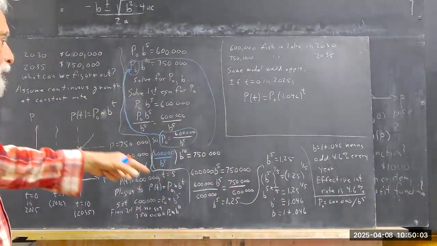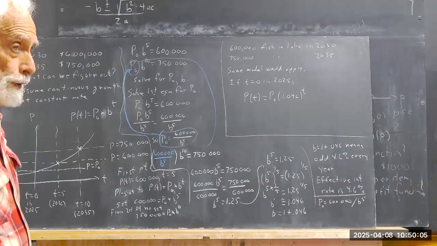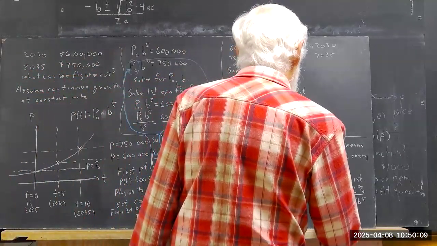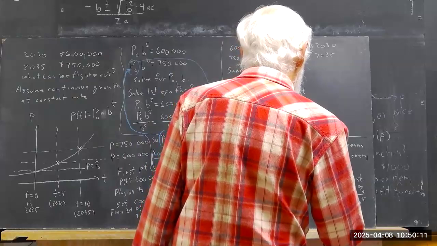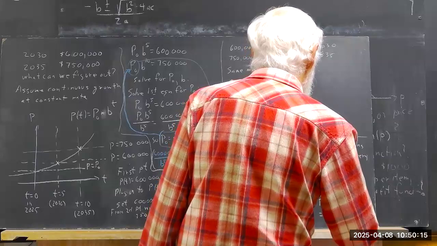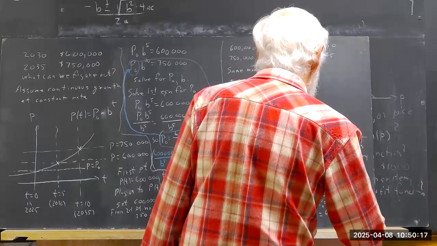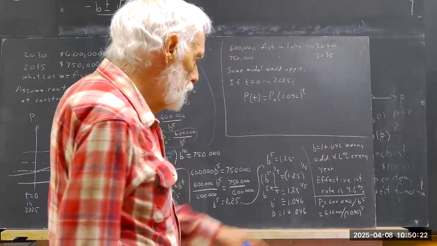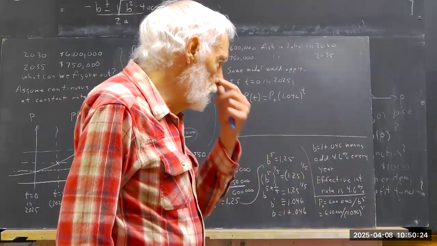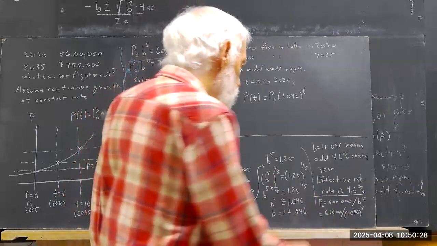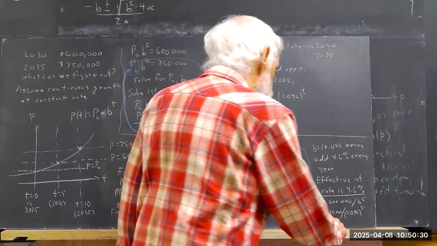Now that we know B, it's about 1.046. Then we just replace B with 1.046. What do you get? If you do 600,000 divided by 1.046 to the fifth.